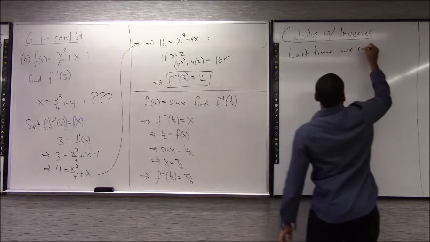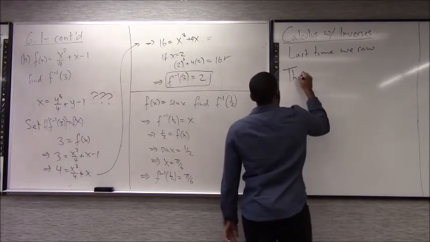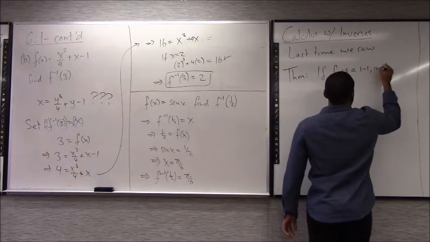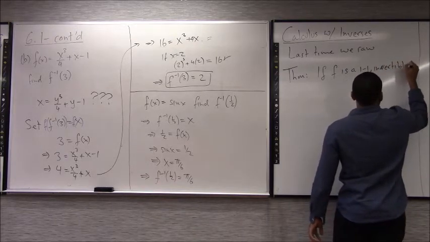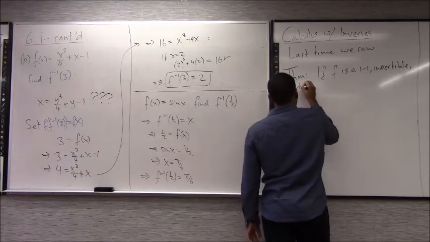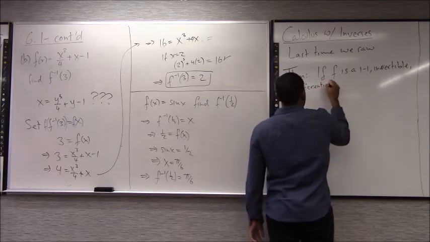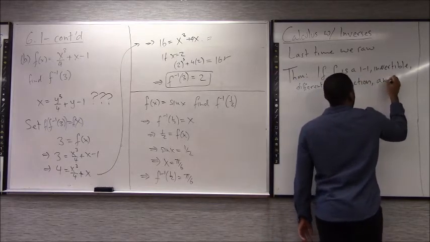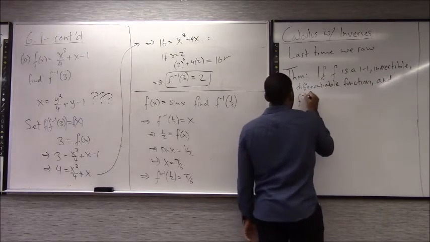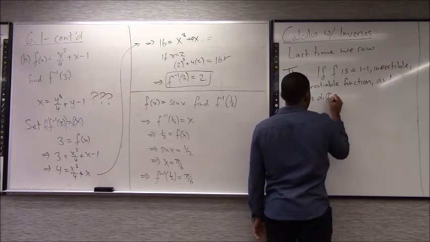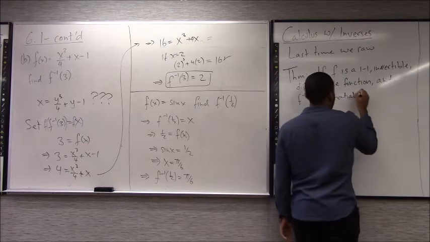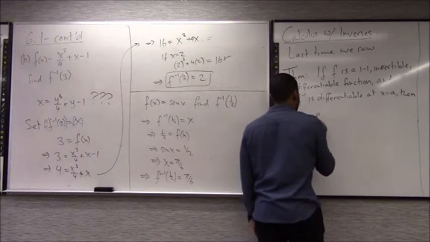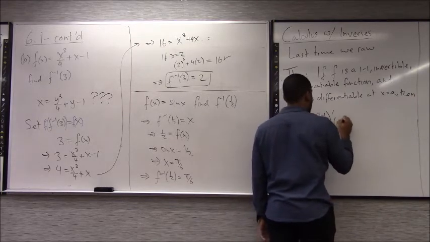Last time we saw the following theorem. If f is a one-to-one invertible differentiable function and f inverse is differentiable at x equals a, then we actually have a formula for the derivative of the inverse at a certain point.